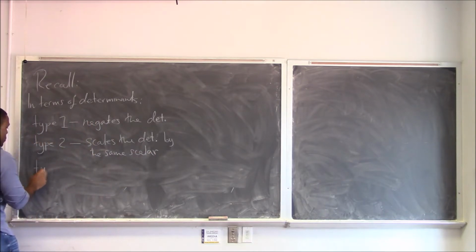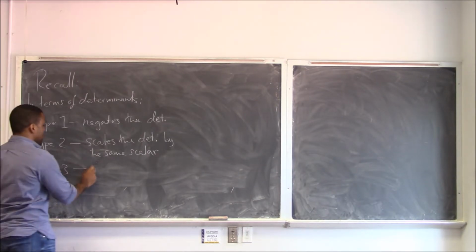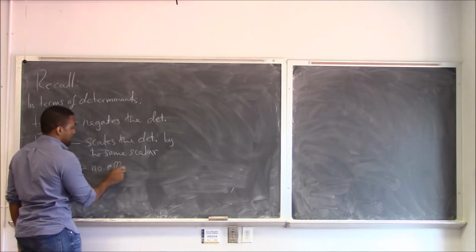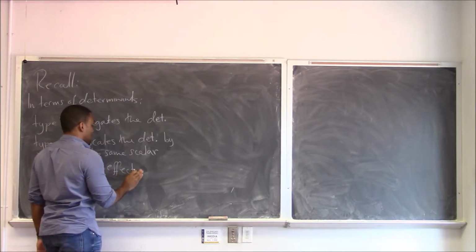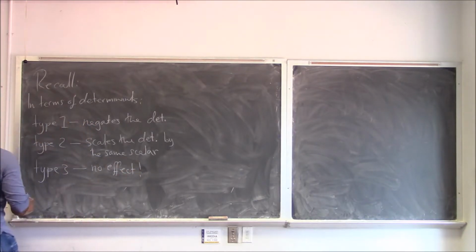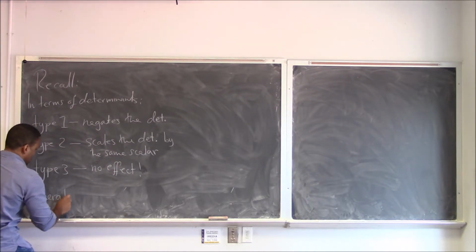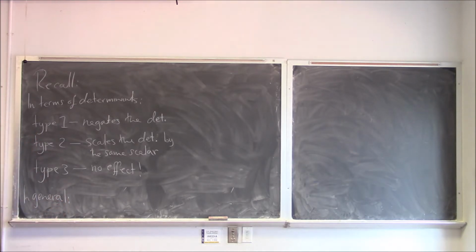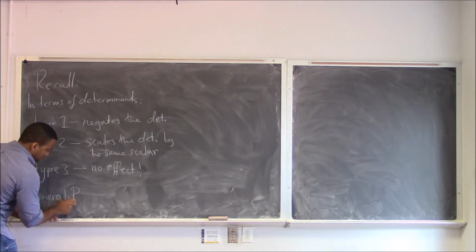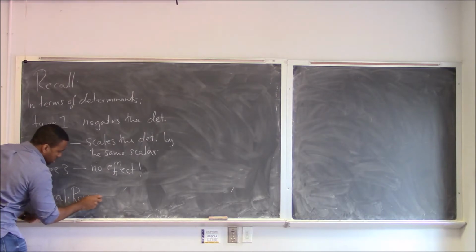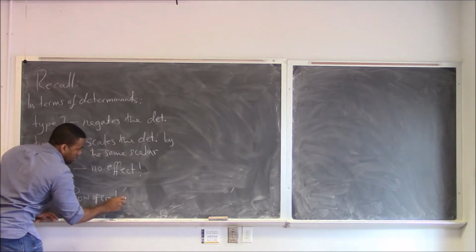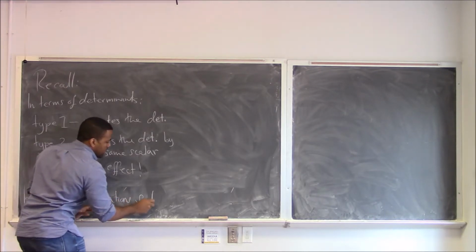What if you do a type 3 operation on a matrix? How does that affect its determinant? It doesn't. No effect. In other words, you can think of row operations on a matrix as scaling the determinant.